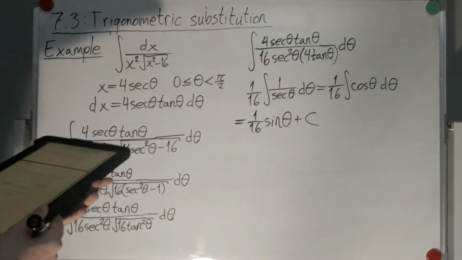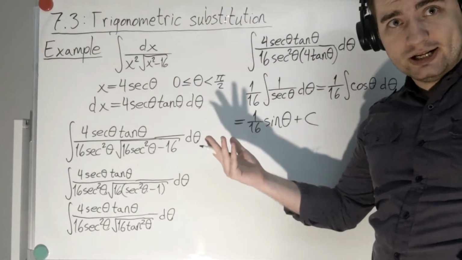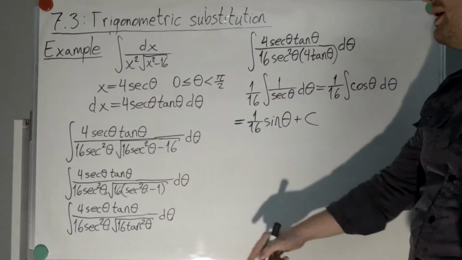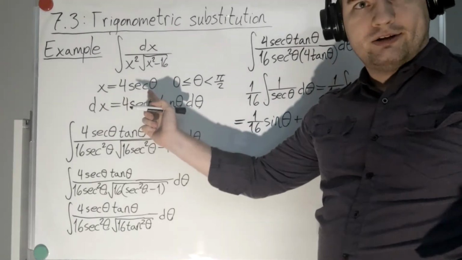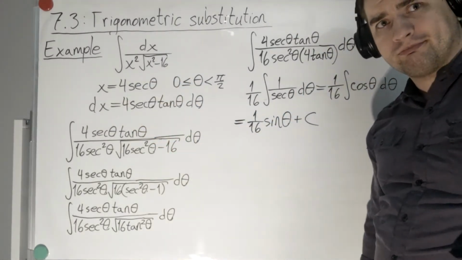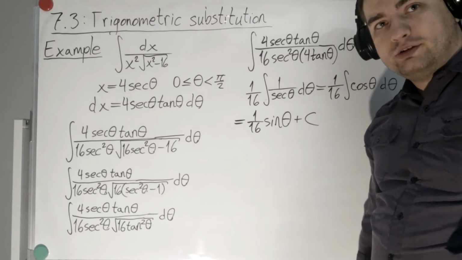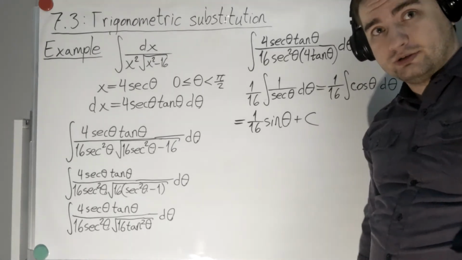So in order to fix that, we're going to have to figure out what sine theta is in terms of x. Well, so far, the only information we have is that x over 4 is secant theta. I'm pretty sure secant theta is not the same as sine theta, though. So now, what we need to do is we need to figure out a relationship between these two trigonometric functions.